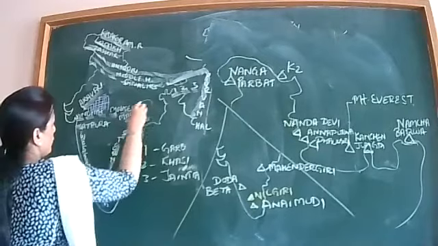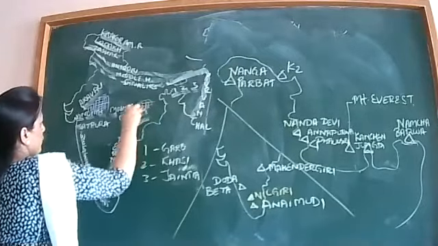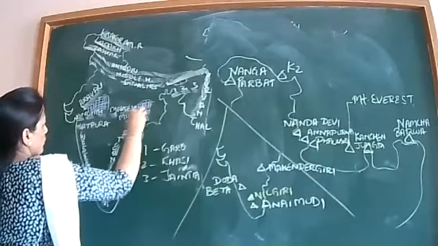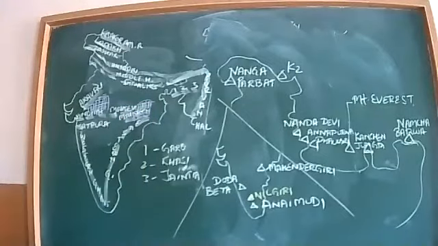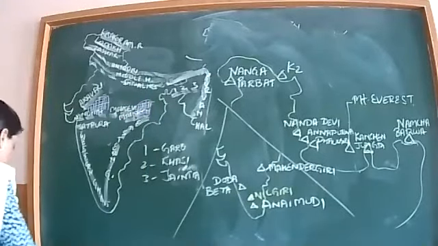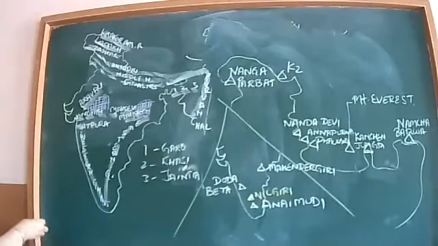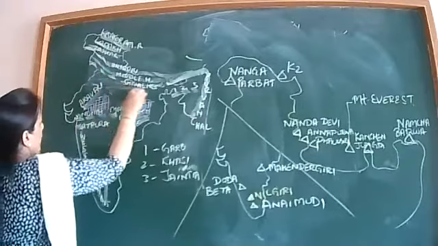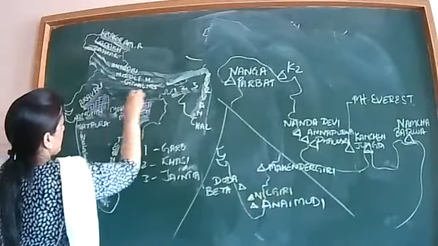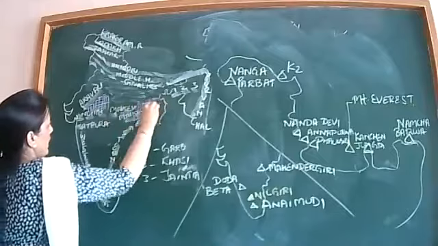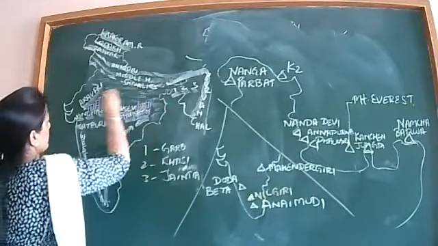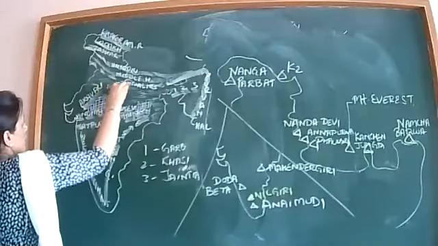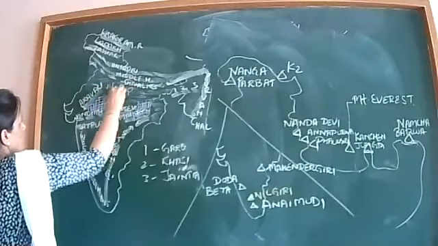And here, in this area, we have the Chota Nagpur Plateau. And in between this area, we have the Northern fertile plain. The whole of this area is the Northern fertile plain.